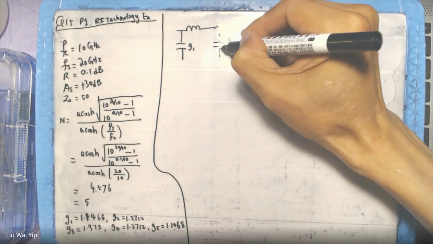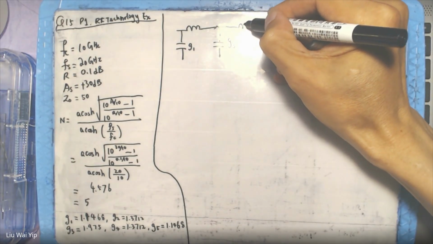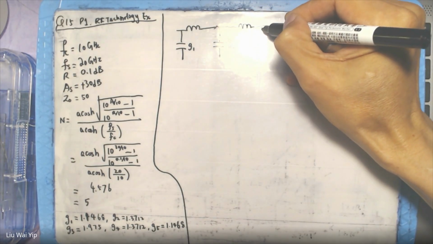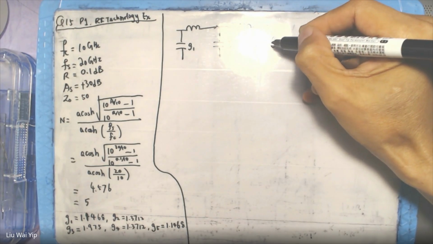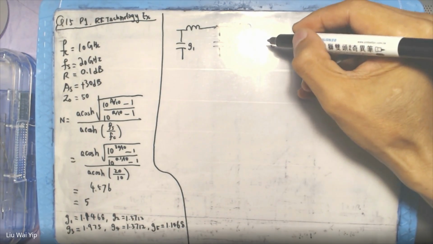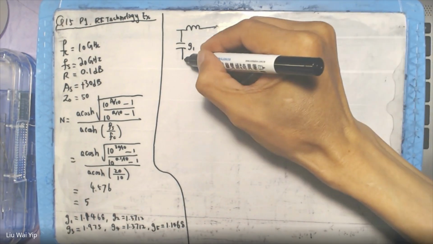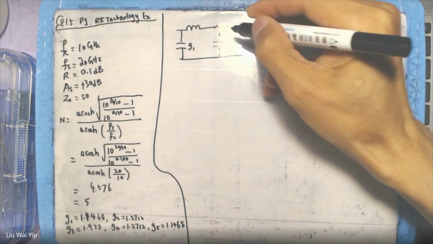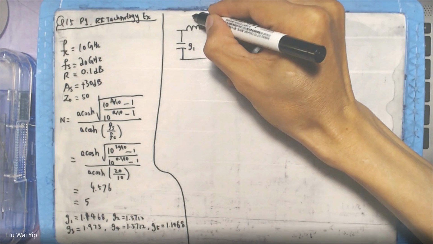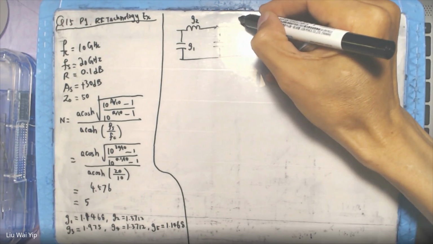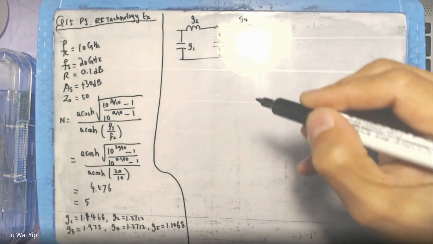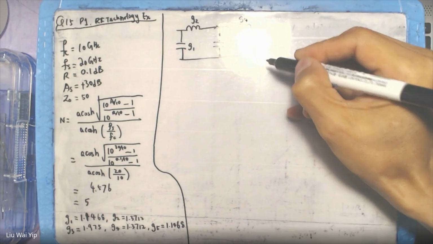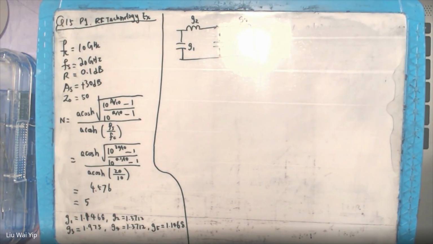I think we just stick to this version: G1, G3, G5, and then G2, G4. So this is the basic low-pass filter topology.